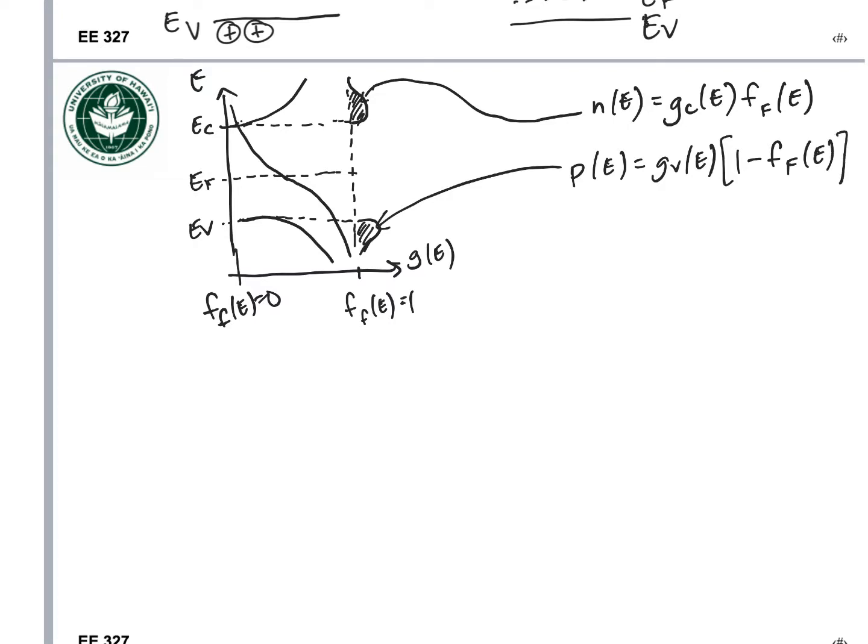Sorry, not the absolute number. These are still concentrations, so these are a number of holes or number of electrons per unit volume. It makes sense for us to express it this way because this gives you the most general set of equations.